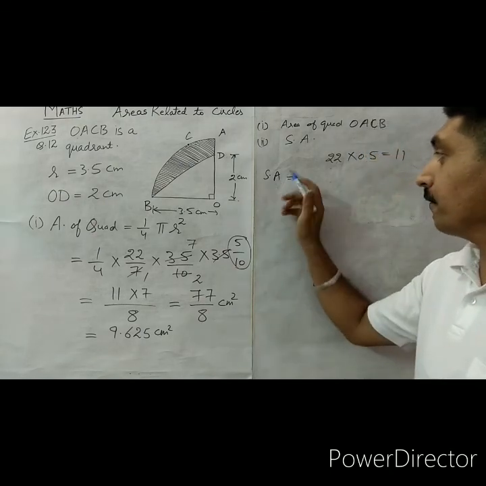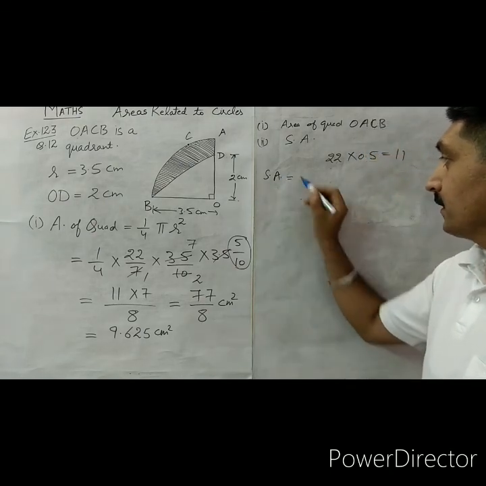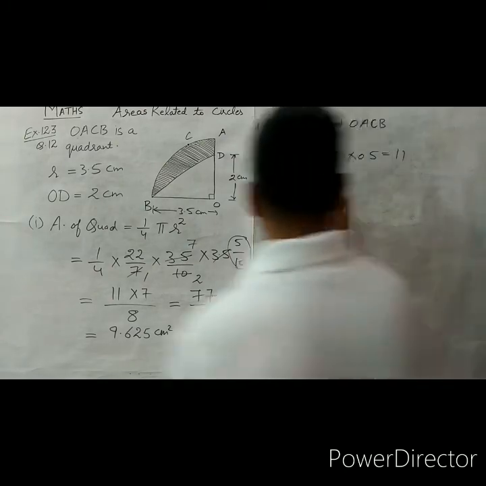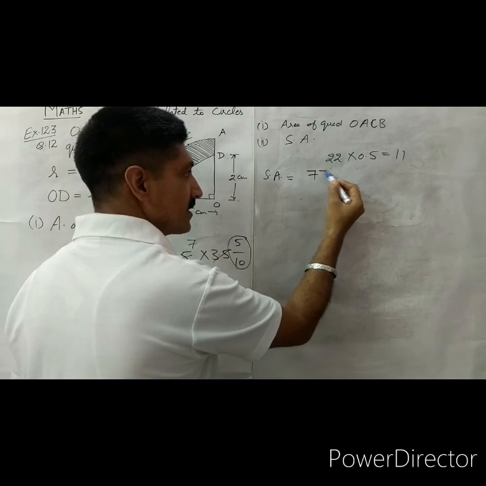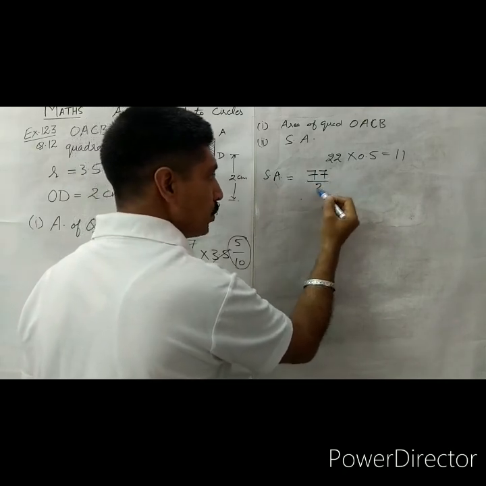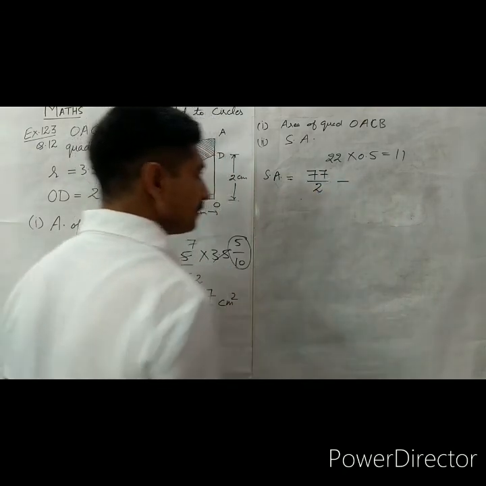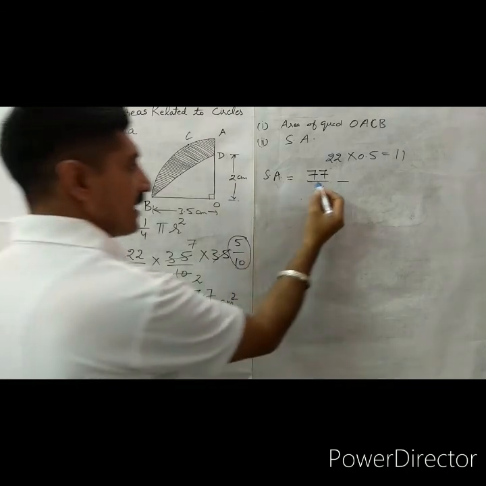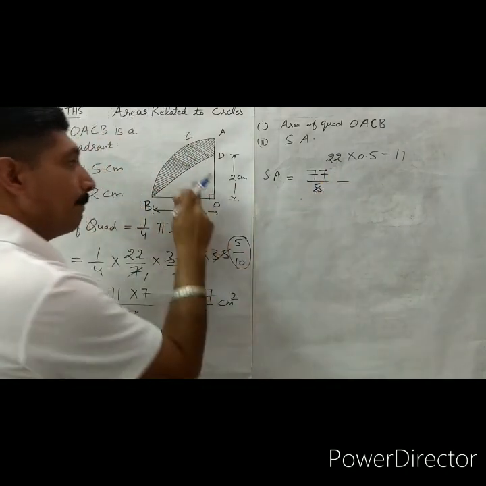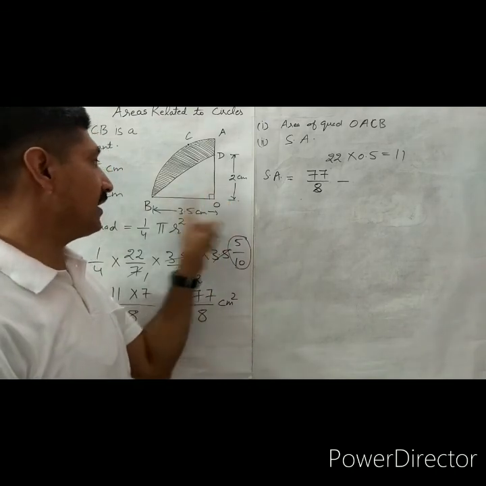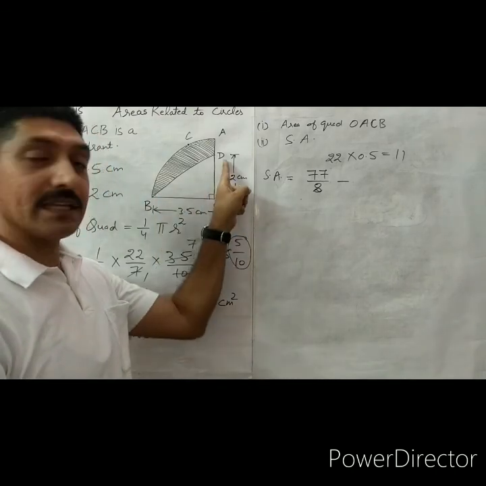So the shaded area here is equal to the area of the quadrant, that is 77 upon 8, minus the area of this triangle, that is BOD.